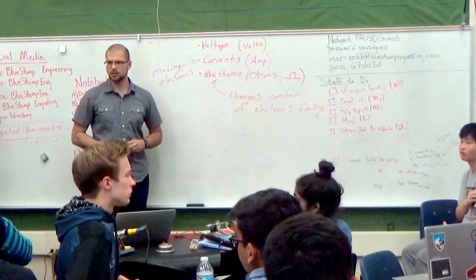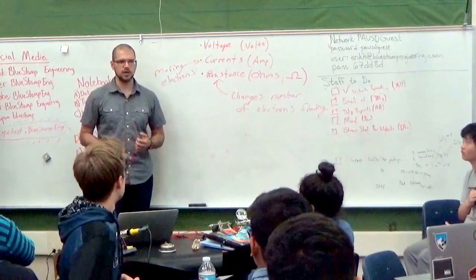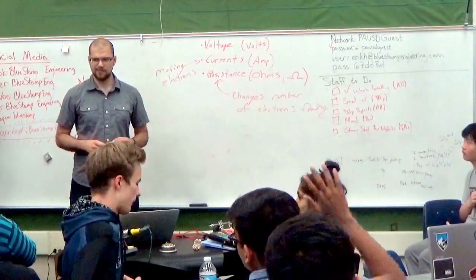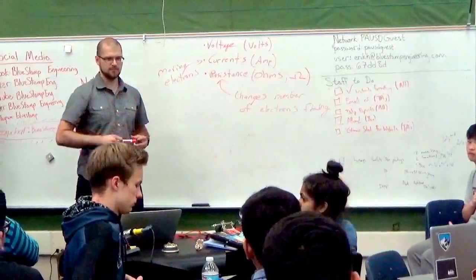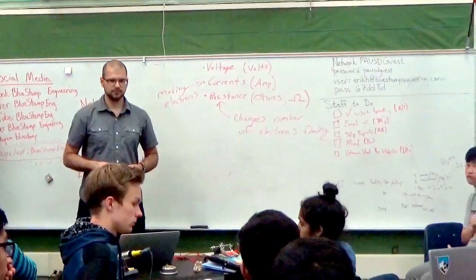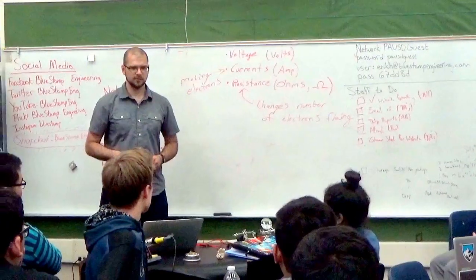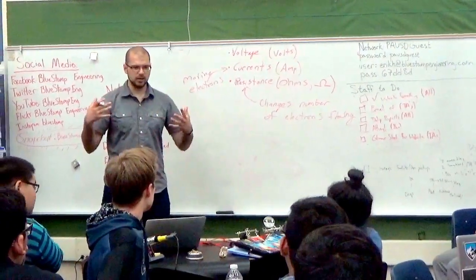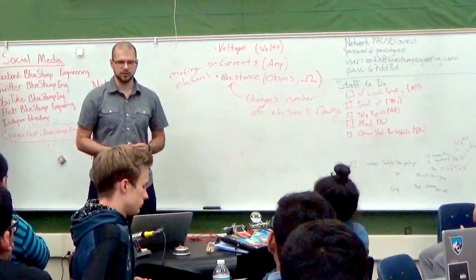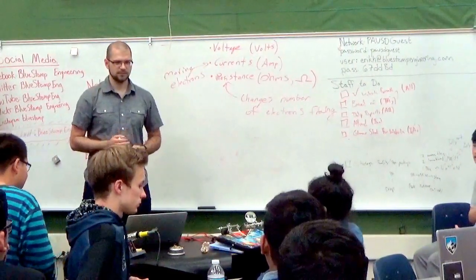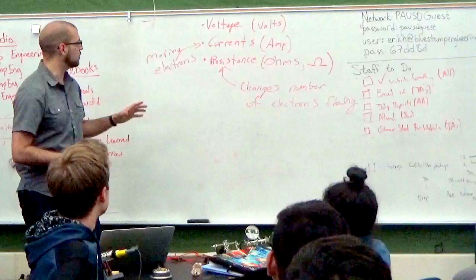Okay? And the last one, voltage, anybody? Electric potential difference. Okay, so electric potential difference. What does that mean? Anybody else? I think it's like the change in potential energy over the total charge. Okay, and what does that mean? If you're trying to explain it to your younger sibling, what would you say? It's kind of just the change in energy. Okay, and what does it do when I apply a voltage?